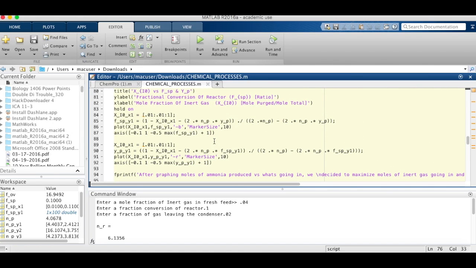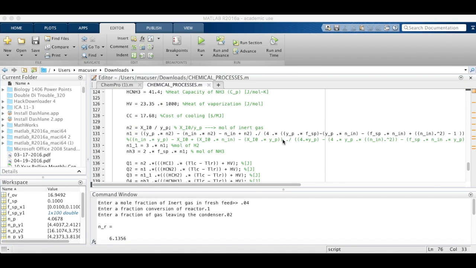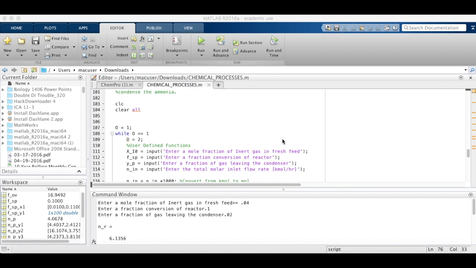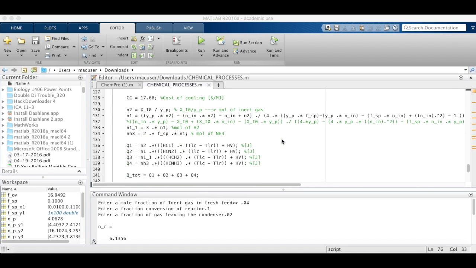the production of ammonia. So for the fourth task, the purpose of our task was to find out the cost of cooling the gases and making ammonia. We figured that out by determining the enthalpy of nitrogen gas, hydrogen gas, inert gas, and ammonia, and multiplied that by the cost of making 1 megajoule. These are the equations to figure out the moles that were used for each of them, and these are the equations to find out the enthalpy.